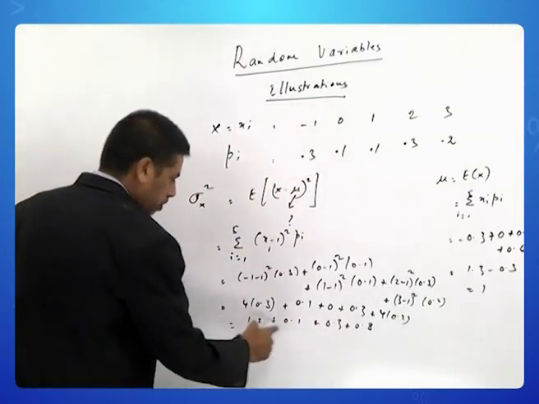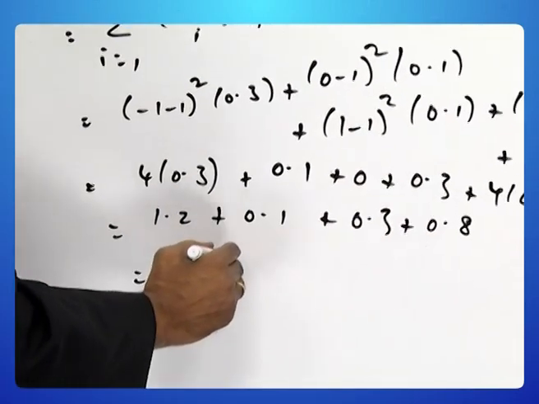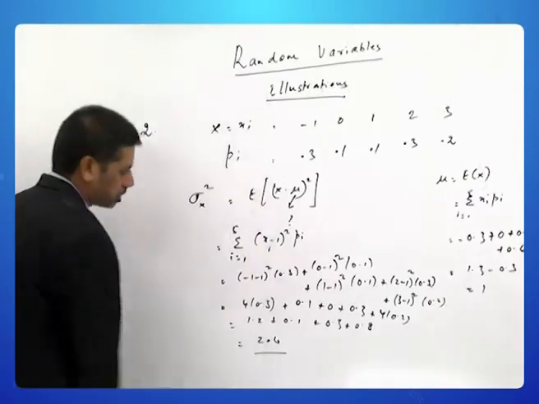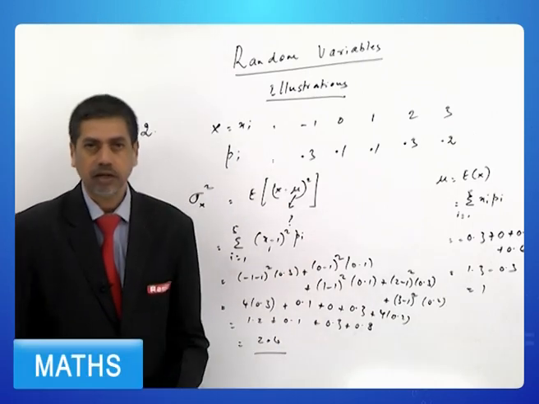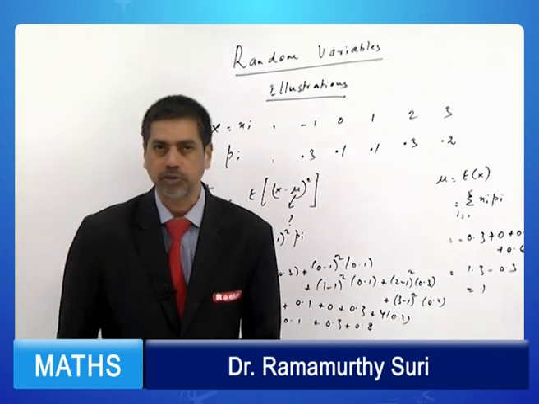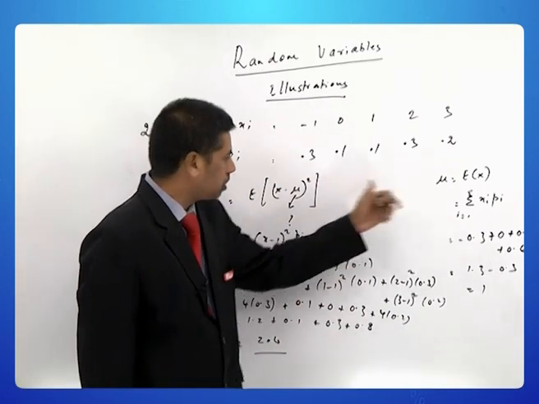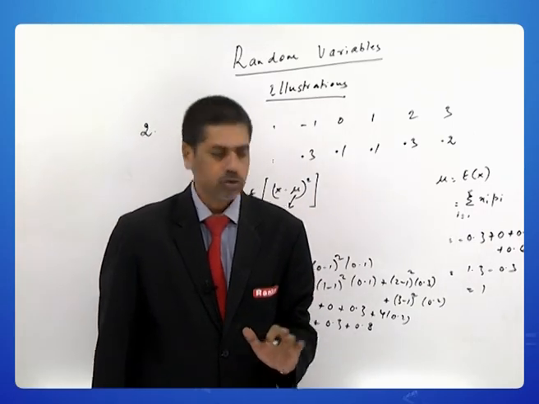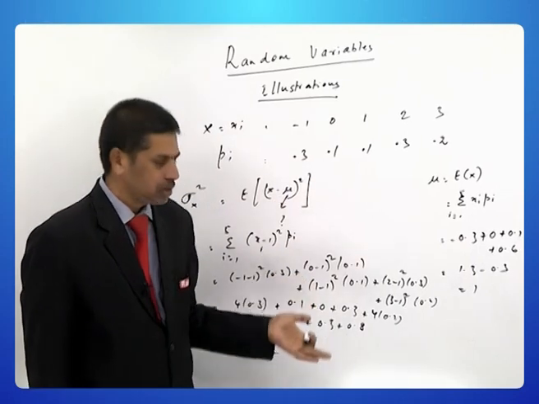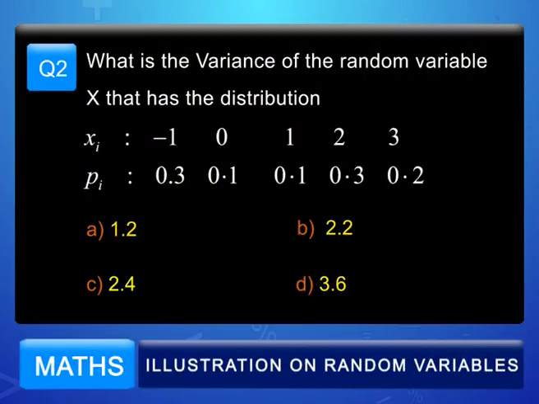So 1.2 plus 0.8 is 2, and we'll get the sum 2.4 as the variance. It's a very simple calculation if it's a discrete probability distribution. Just remember your formulas. Without the mean, you cannot calculate the variance. That's the basic thing that you must remember. Of course, you can also calculate by other formulas, but there is nothing wrong in adopting this formula. You can see the correct option for this problem is C.